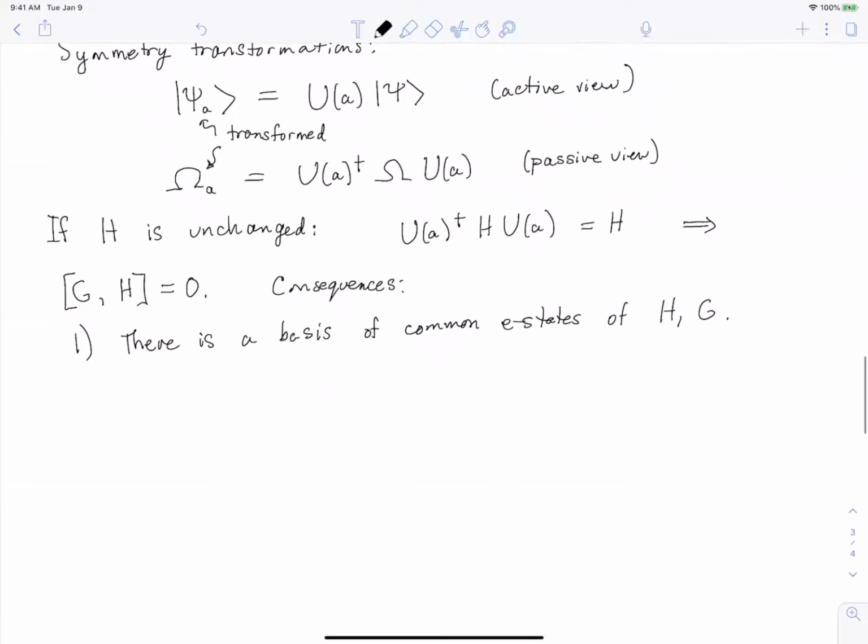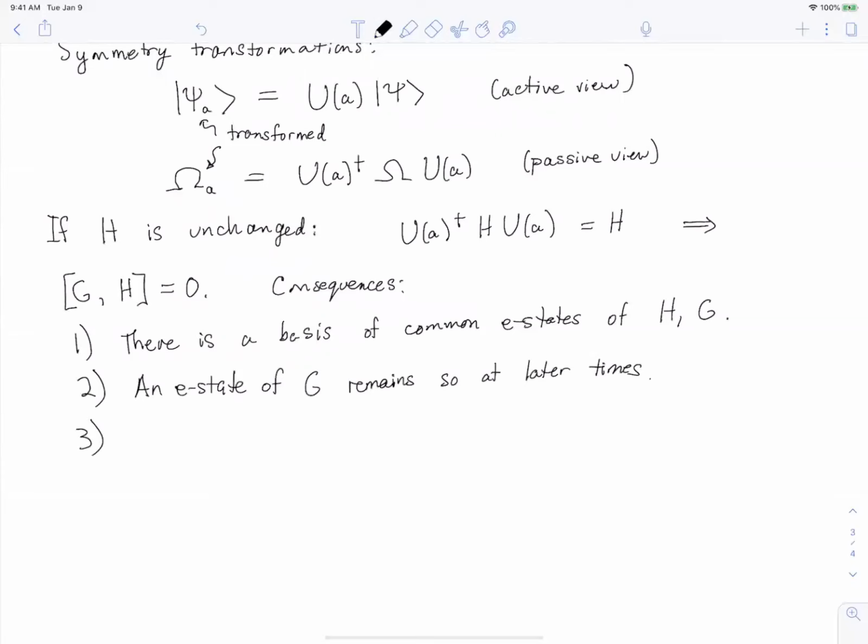And 2, if you happen to be in one of those eigenstates of G, an eigenstate of G, it's going to remain so at later times. And the proof is just the same as what we did before.